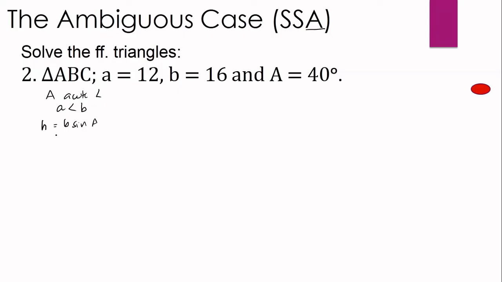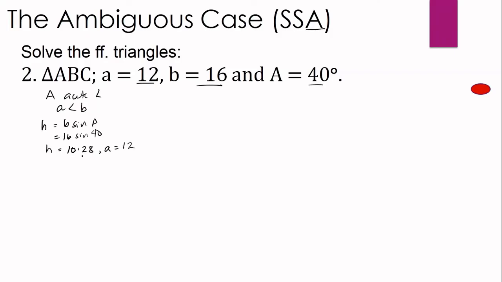So substitute our b, here is 16. Then we have sine, our given angle is 40. So the height using your calculator, dire-diretso lang yan. 16 sine 40. The answer is, yes, it is 10.28. Then meron na tayong height and again our a is given, which is 12.